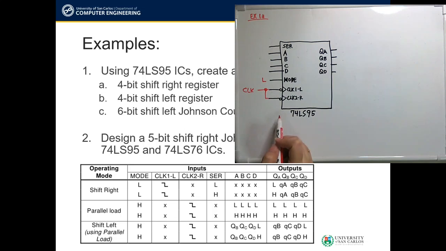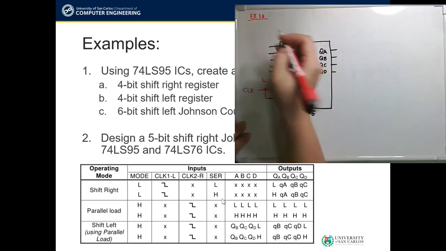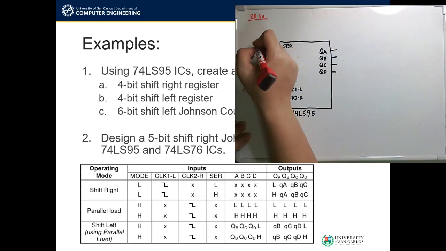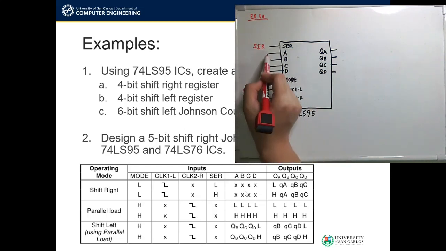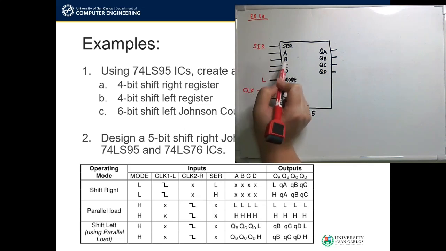Next, since this is shift right, we need to use the serial input, so SER. So again, this might have different names in Proteus. So this is our shift input right. And lastly, these are don't cares. So this can be connected to ground or connected to high.